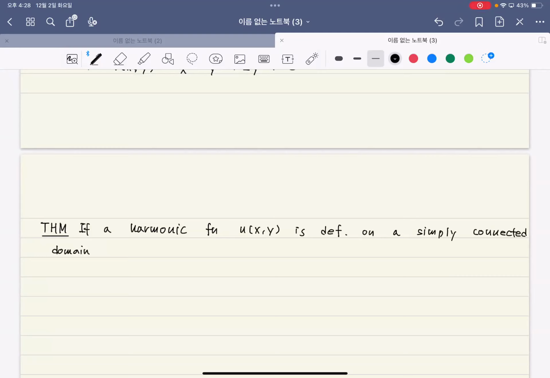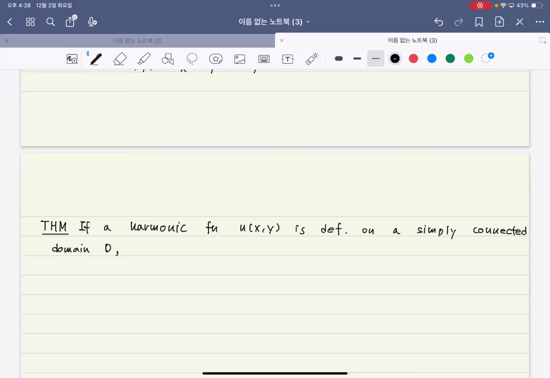Being simply connected basically means it doesn't have any holes. In other words, your domain can be continuously shrunk to a single point. If your domain is simply connected, then u has a harmonic conjugate.